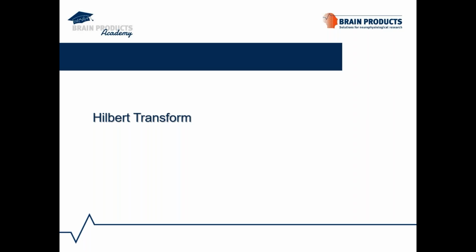Indeed, there is no such module in Analyzer. But the good news is we can still perform Hilbert Transform if we want to. This is done by making use of the Wavelet transformation. I will show you how to achieve it. Now, without further ado, let's review the theory of Hilbert Transform.